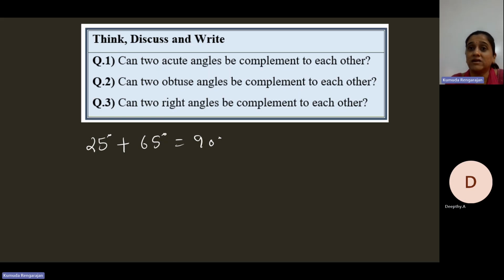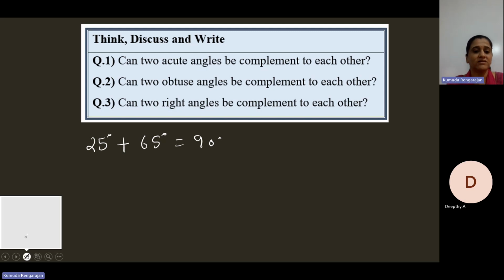An obtuse angle is one whose measure is more than 90. Can it be, or cannot? Cannot. Two obtuse angles cannot be complementary angles because each of the angles will be more than 90 degrees. Then their sum will be more than 180.